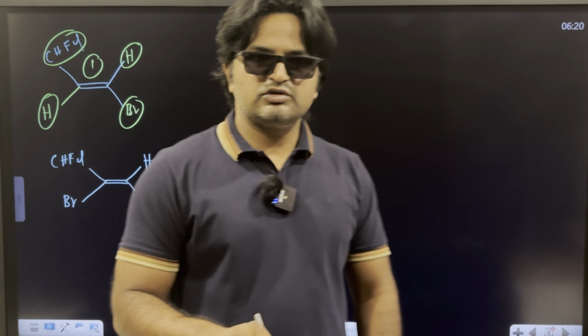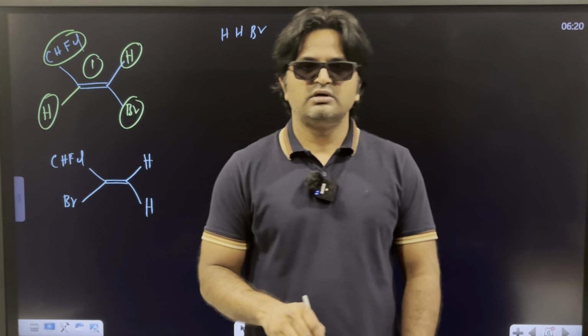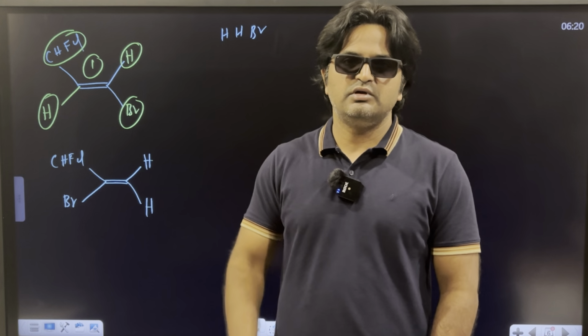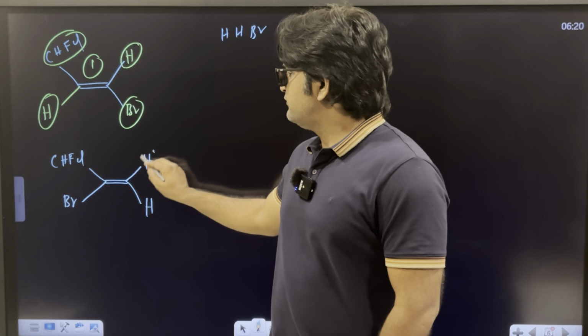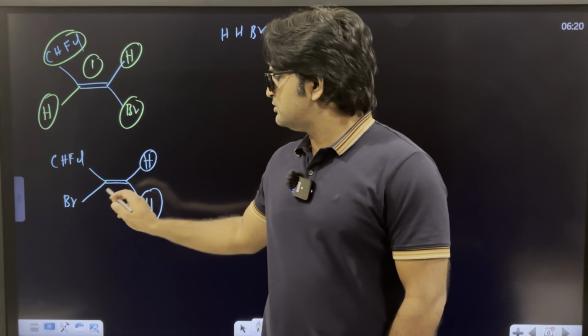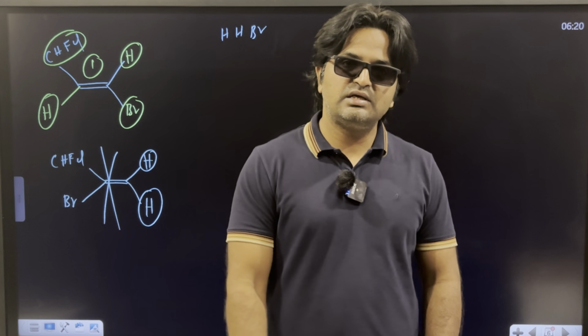This is also a structural isomer, but is geometrical isomerism possible from it? Geometrical isomerism is not possible. If two hydrogen atoms are connected to the same carbon atom, geometrical isomerism is not possible. That's why I am not going to consider this molecule.